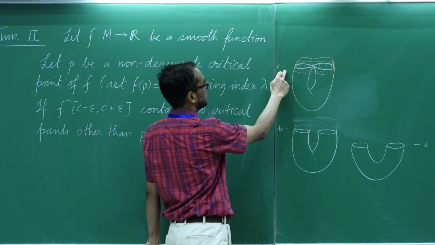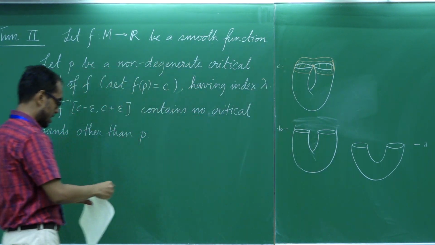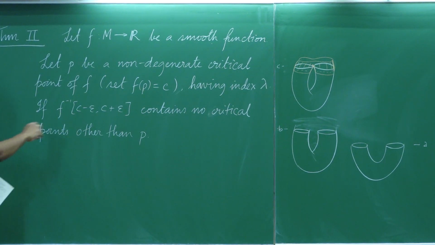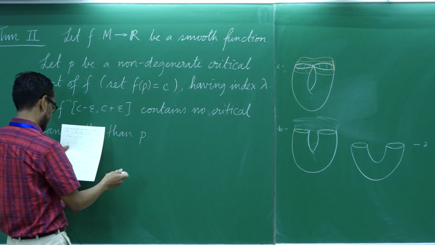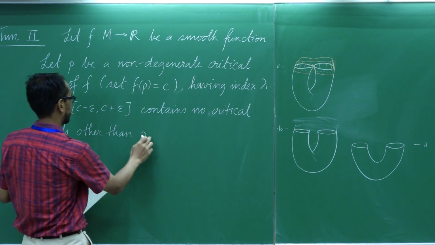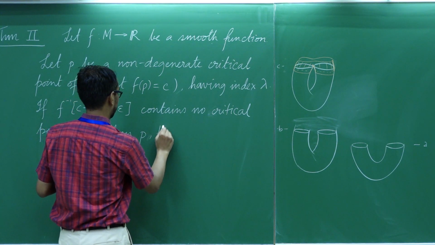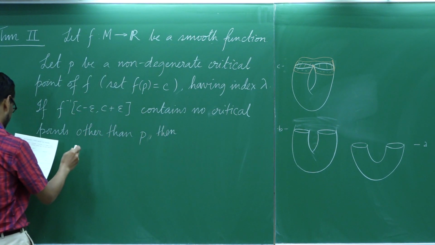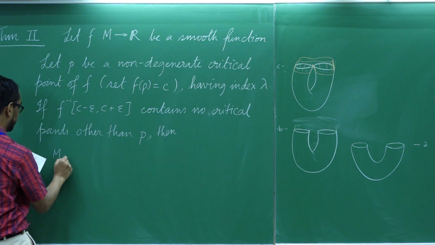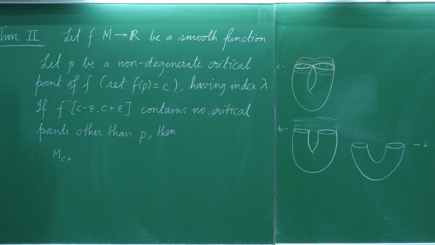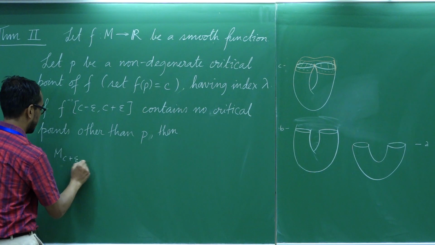So this will be your c minus epsilon and c plus epsilon. If it only has one critical point, which is p and nothing else, then M subscript c plus epsilon is just this.